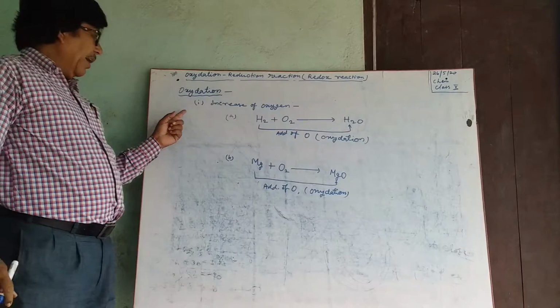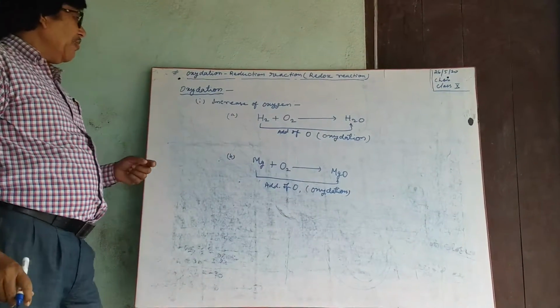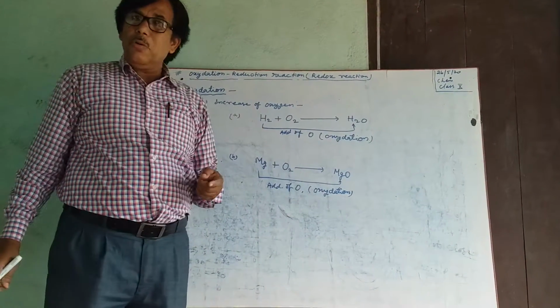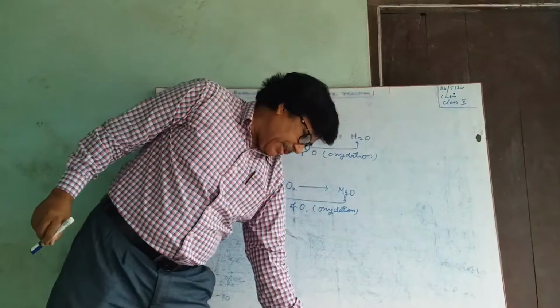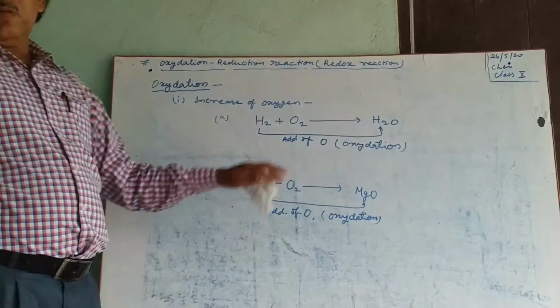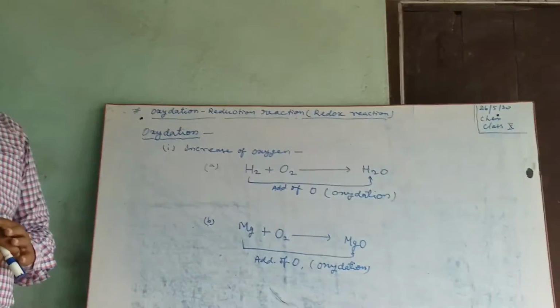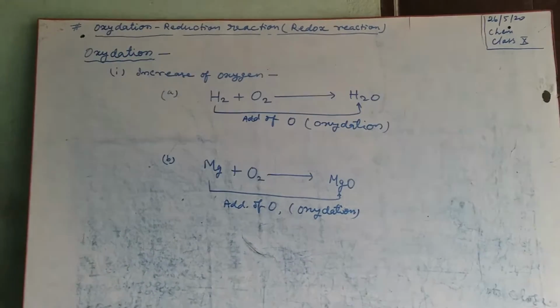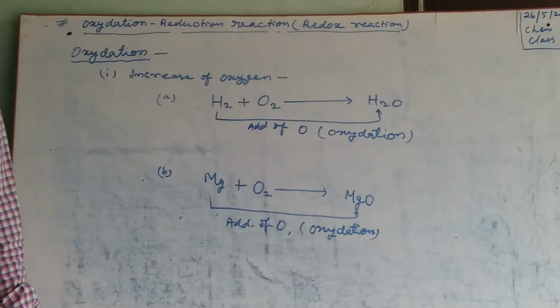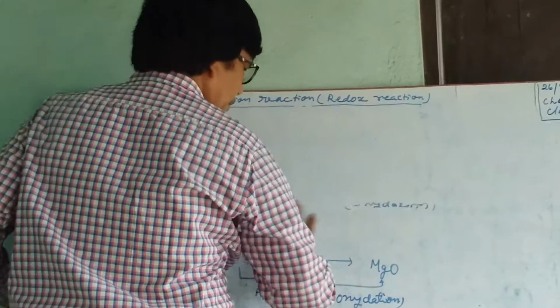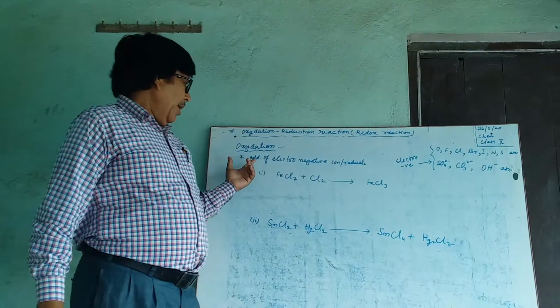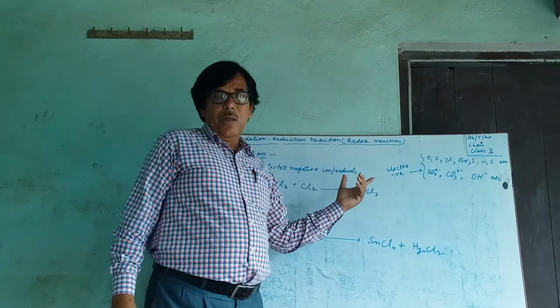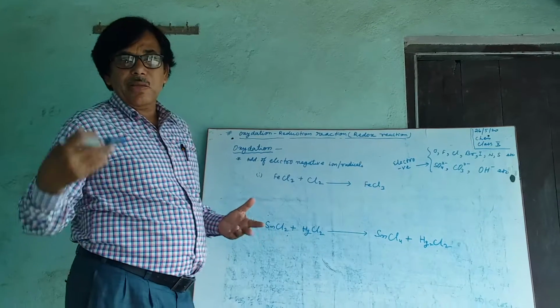Now we will take another example, increase of electronegative. But before taking this second example, we will erase this. Addition of electronegative to a compound is also termed as oxidation.